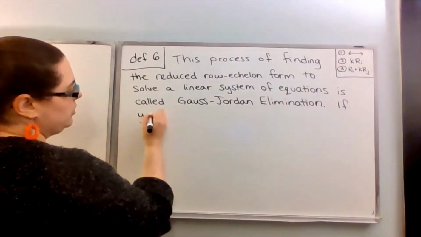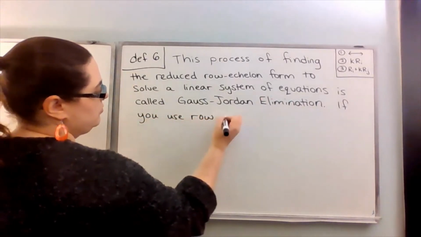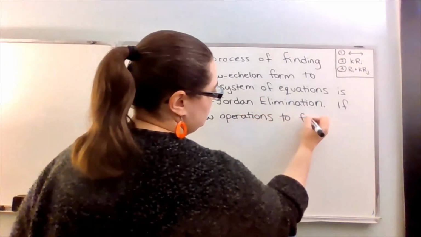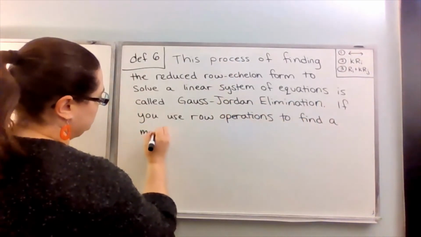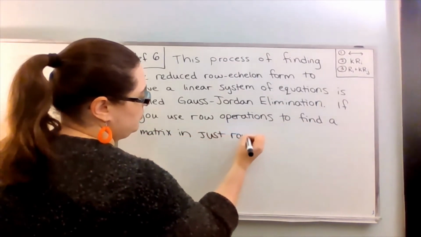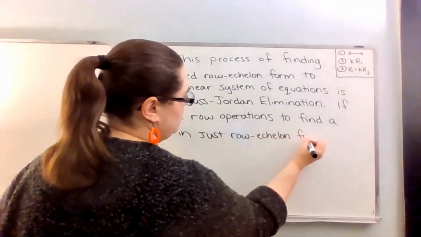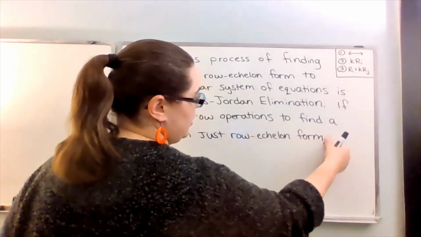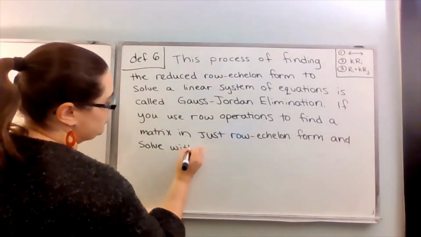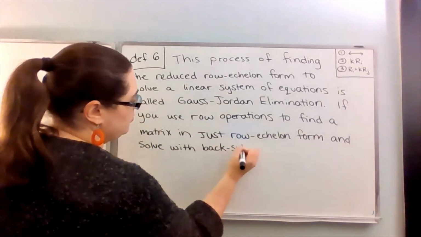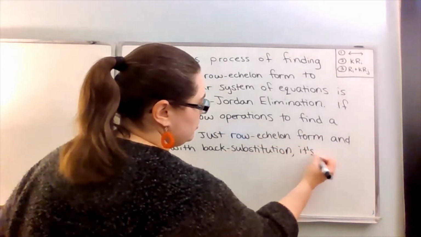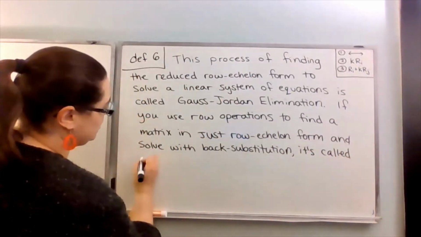If you use row operations to find a matrix in just row echelon form, and solve with back substitution, it's called Gaussian elimination.